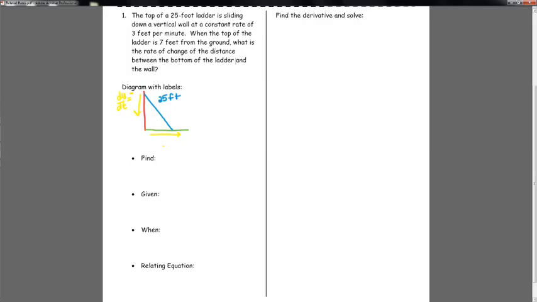So it'll be -3. They also give me some other information. They also want me to check where the top of the ladder is 7 feet from the ground. And I'm trying to find what is the rate of change of the distance between the wall and the bottom. So I'm looking for my rate of change here. They also give me some information that the distance from this point to the ground is 7 feet.